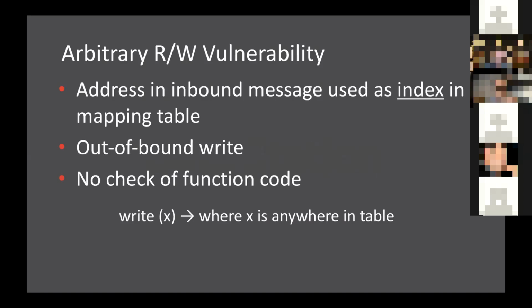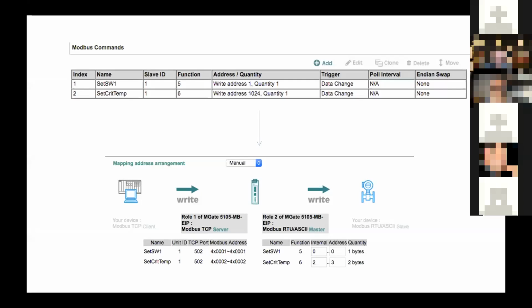A message coming in has an index, an inbound message used as an index in the mapping table. I'm going to show you what that looks like in just a minute. What that allows you to do is an out-of-bound write, and it doesn't do a check on the function codes.